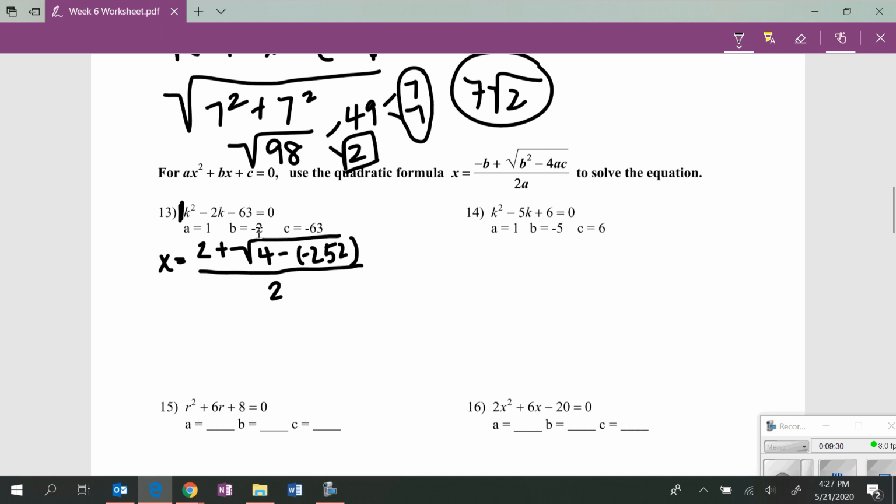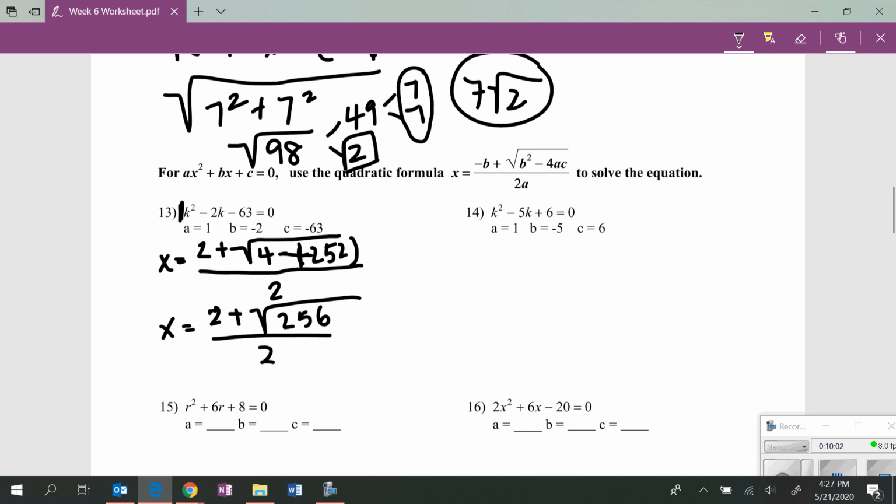So let's simplify my radical inside. X still equals 2 plus the square root of 4 minus negative 252, so really 4 plus 252, which is 256 divided by 2. Now, 256, I do recognize that as being a perfect square, actually.